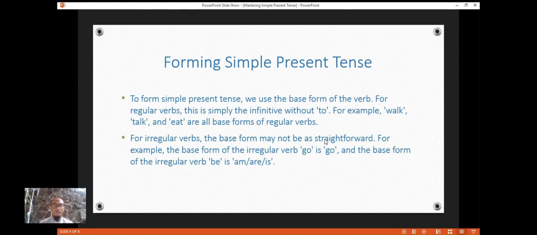For irregular verbs, the base form may not be as straightforward. For example, the base form of the irregular verb "go" is "go," and the base form of the irregular verb "be" is am, are, is.